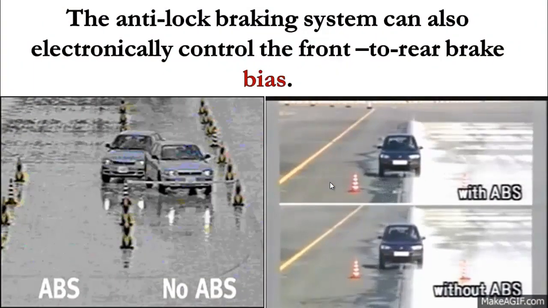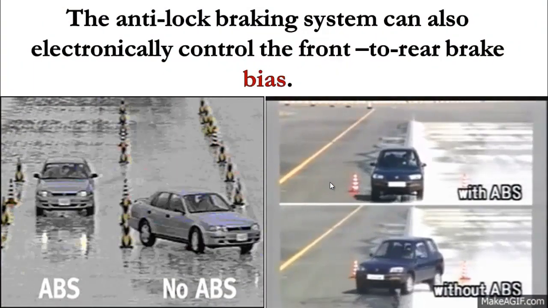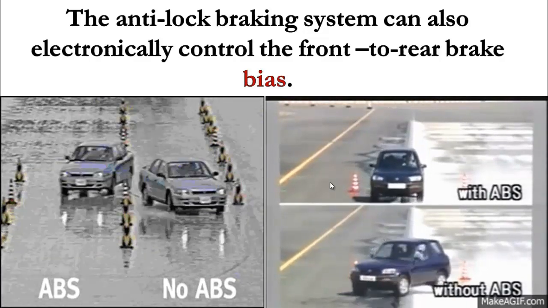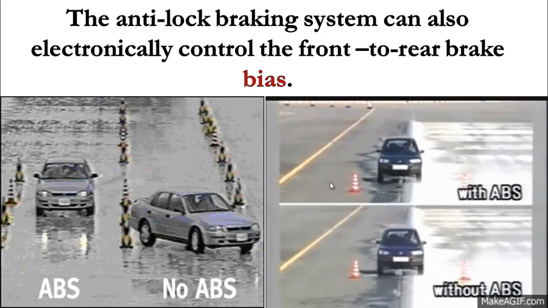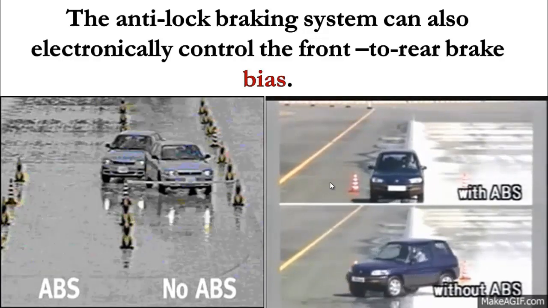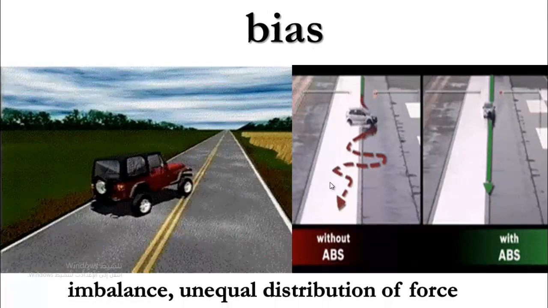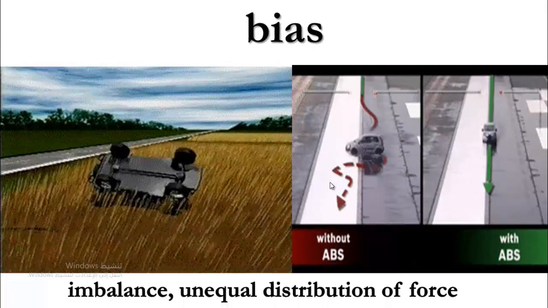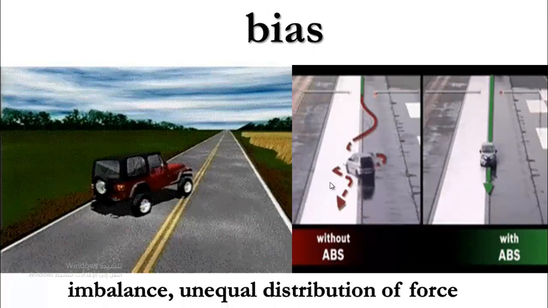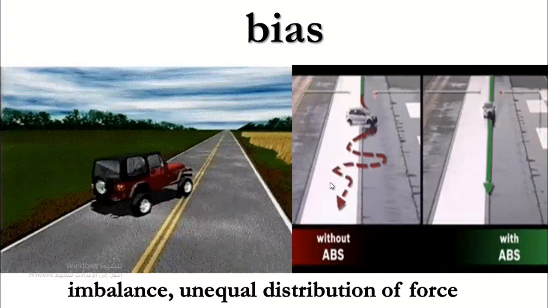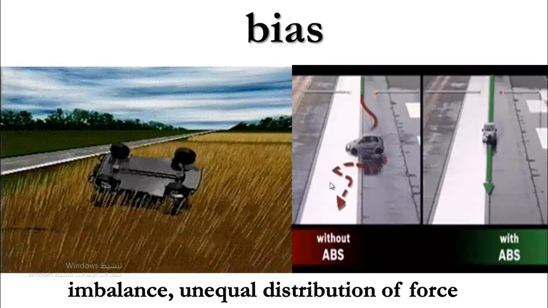The anti-lock braking system can also electronically control the front to rear brake bias. Look at this new word, bias. Bias means imbalance, unequal distribution of force.